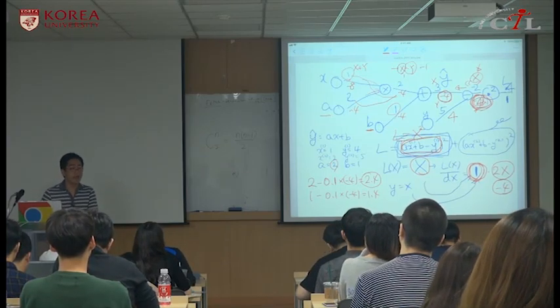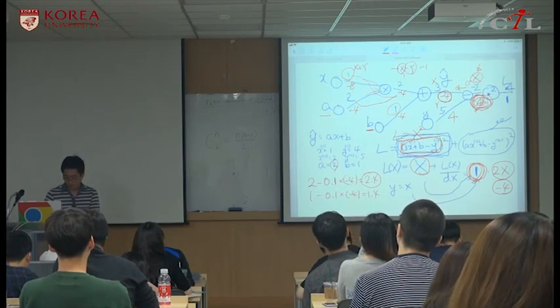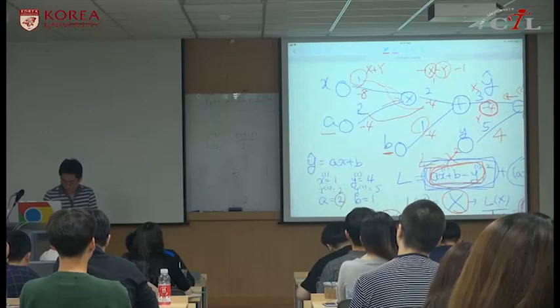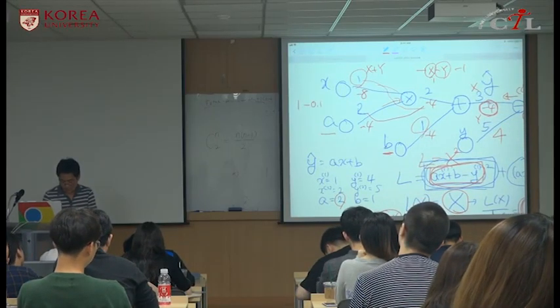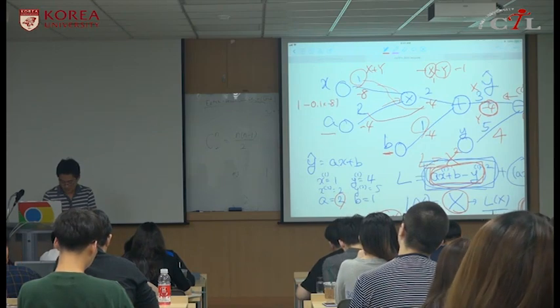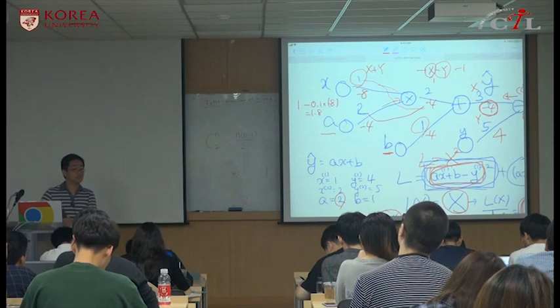Can we just update the x value as well? Let's suppose we update x by using gradient descent as 1.8.